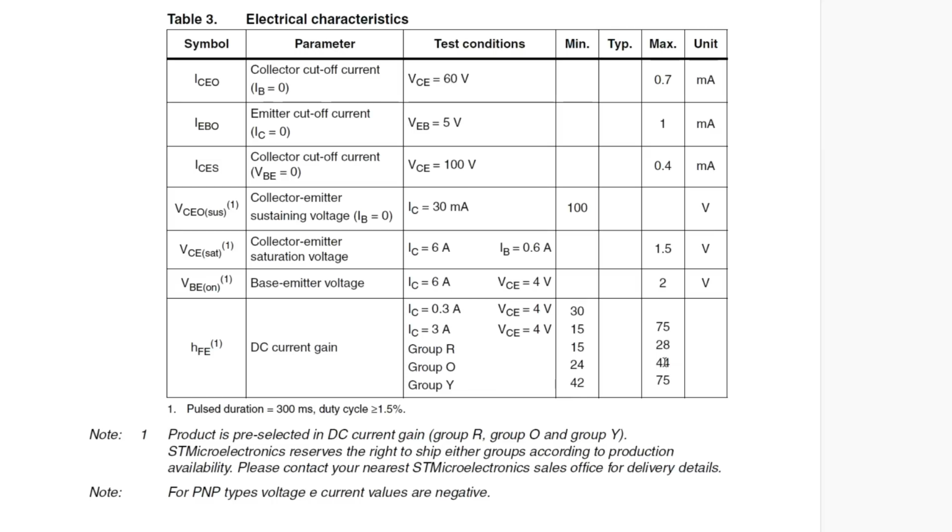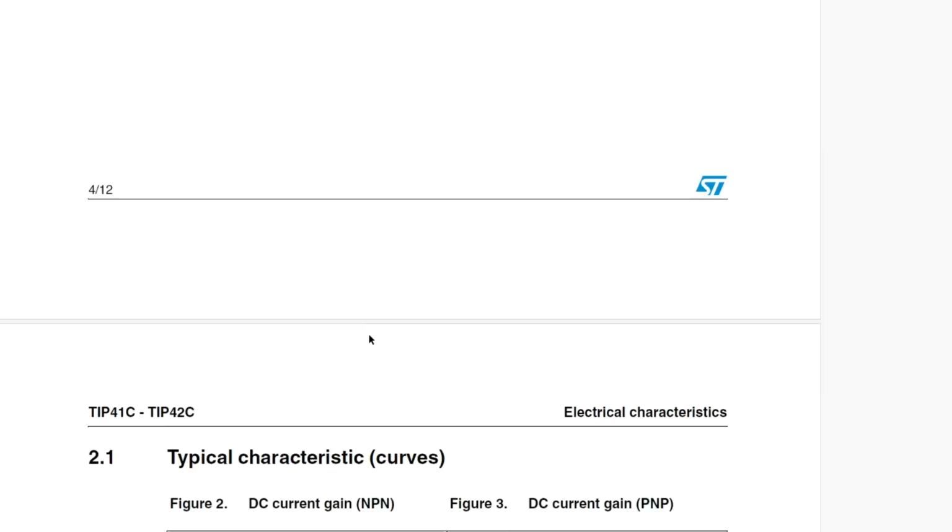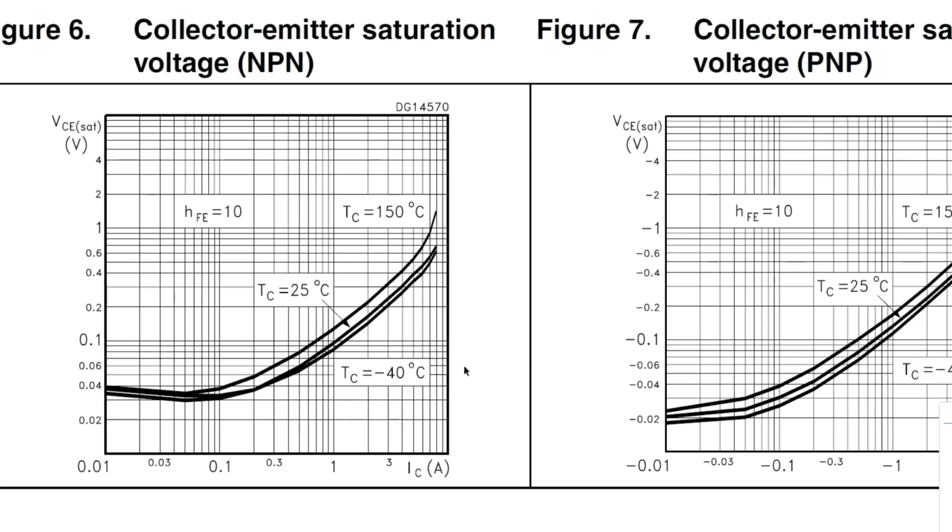The higher the HFE, the higher the power dissipation. I mean, configuring a transistor to operate at its maximum HFE will result in higher power dissipation, and configuring the transistor to operate at a lower HFE will result in lower power dissipation. This is why in this graph we found very low power dissipation, because the HFE is 10, which is very low.